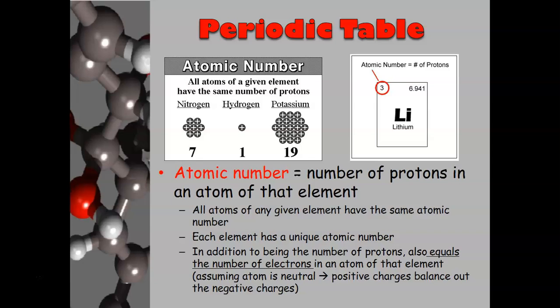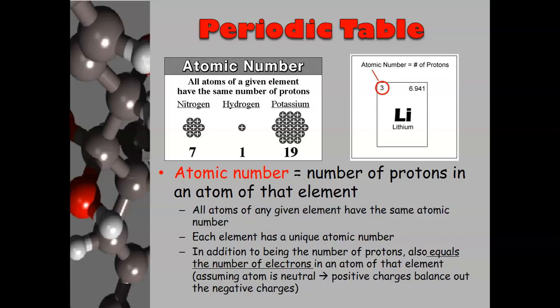So, that being said, we can also utilize this atomic number, these number of protons, to also predict the number of electrons that should also be present in the element given one particular condition. If I'm talking about an element that's neutral, this holds true, right?